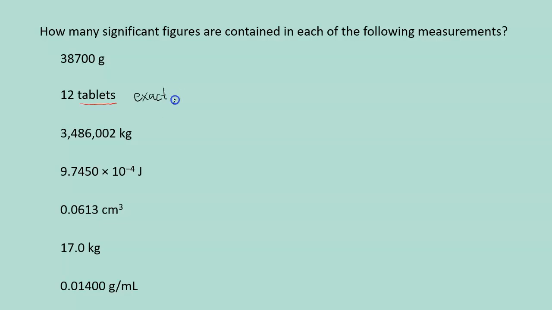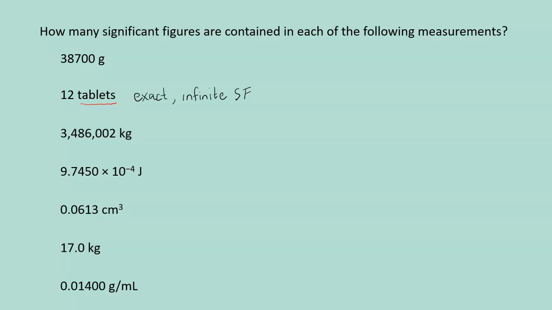Because of that, it has infinite sig figs, which means it will not determine our sig figs when we're looking at calculations. The rest of these are all measured numbers. We're looking at mass, volume, density, and joules, which is a unit of energy.